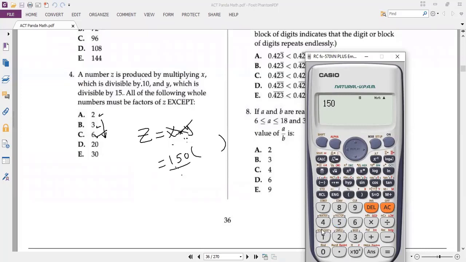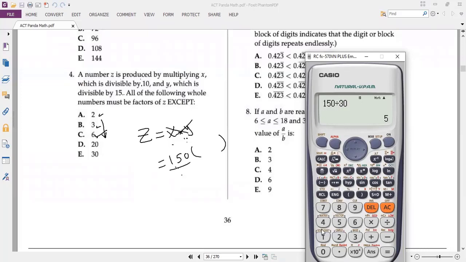So 150 divided by 2 can. 150 divided by 3 can. 150 divided by 6 can as well, you see. But 150 divided by 20 cannot. But can with 30, yes, check.